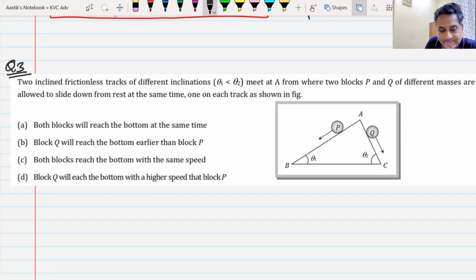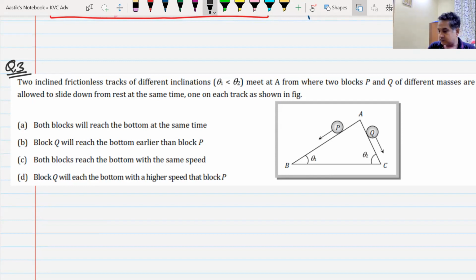Think about it. Any answers? Which of them are correct?